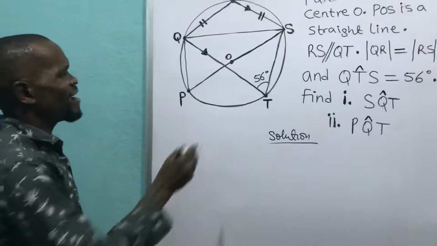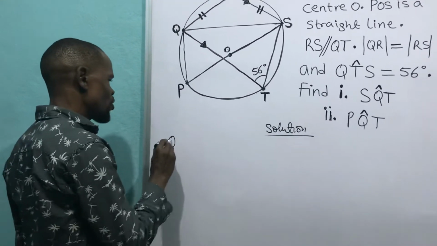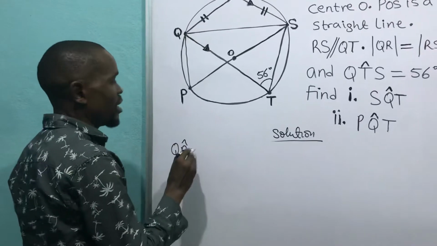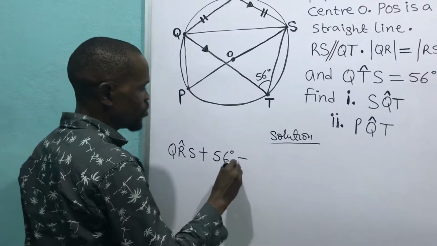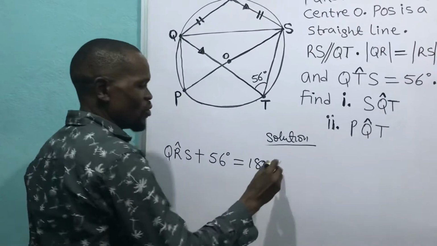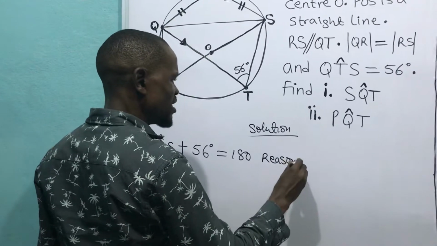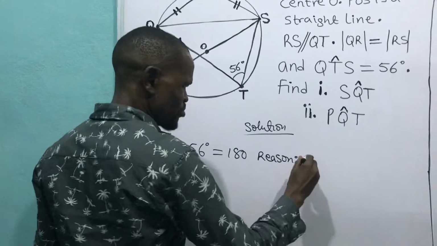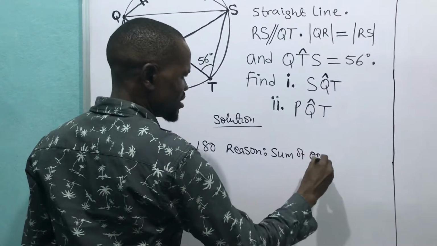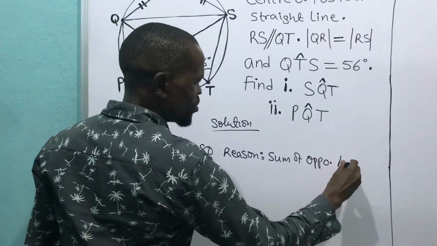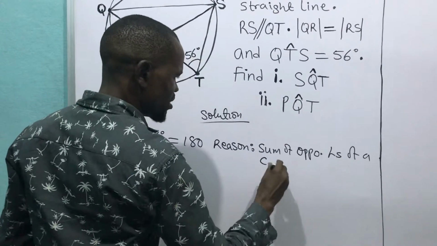Then looking at this diagram, I can say that angle QRX plus 56 is equal to 180. What is my reason? Reason means who said this? It is the sum of opposite angles of a cyclic quad.